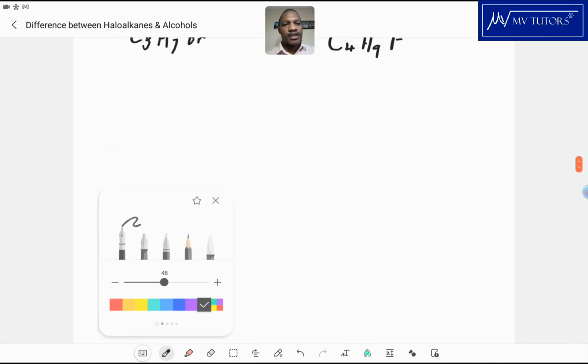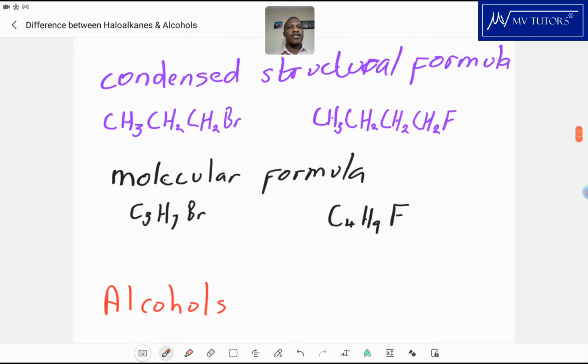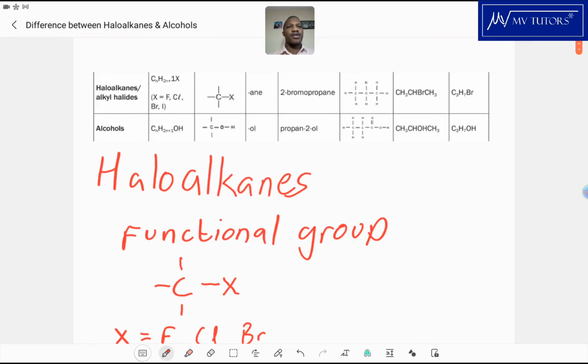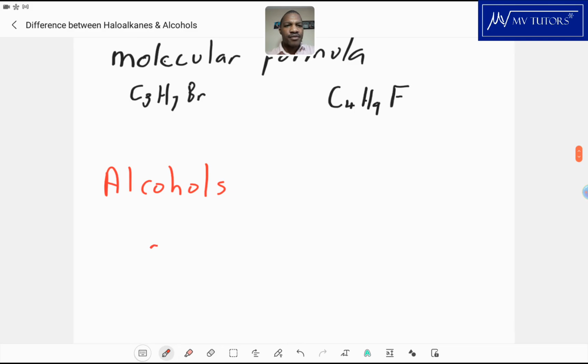Now let's discuss the next one, alcohols. Now, the functional group of alcohols, as you can see from here, is just OH. So that means you will have a C, and then here you will have OH.